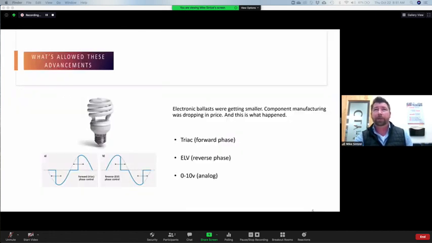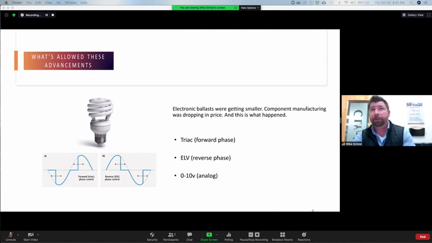What's allowed these advancements? We touched on a little bit in the previous sentences and the previous slides. The commercial and residential lighting worlds in the mid-90s saw a couple types of dimming start to evolve around fluorescence.